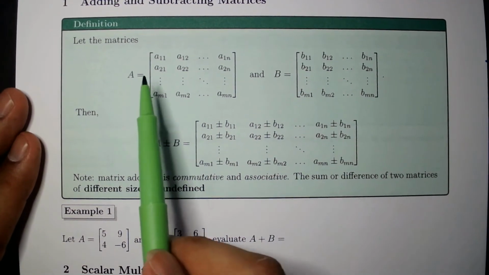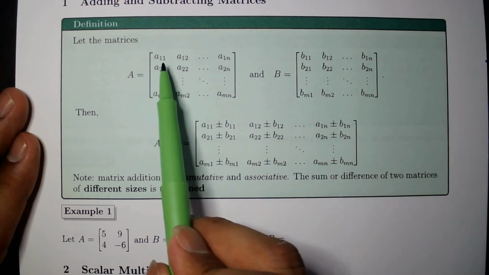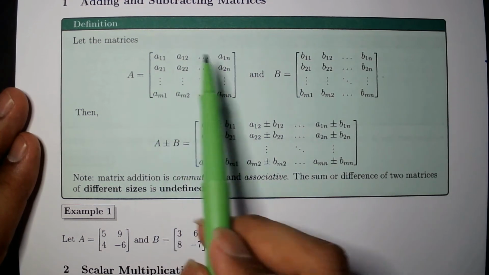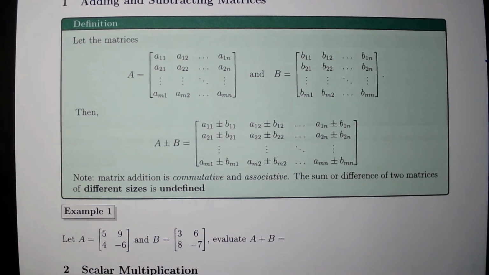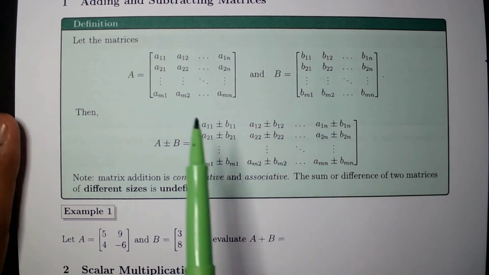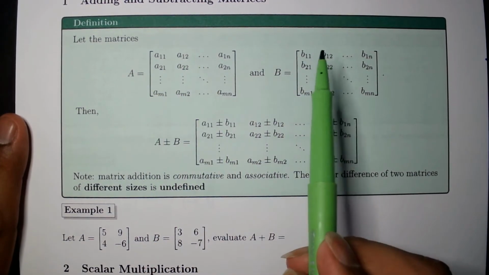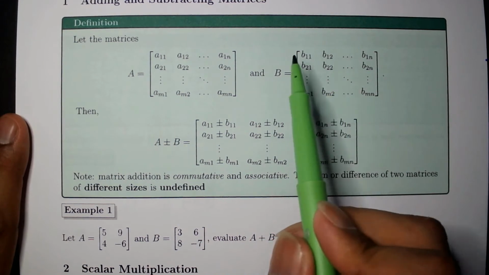Well, consider the matrices A and B, which have corresponding elements. They have to be the same size in order for two matrices to be added or subtracted. All we do is simply combine elements with the corresponding elements in the same position.